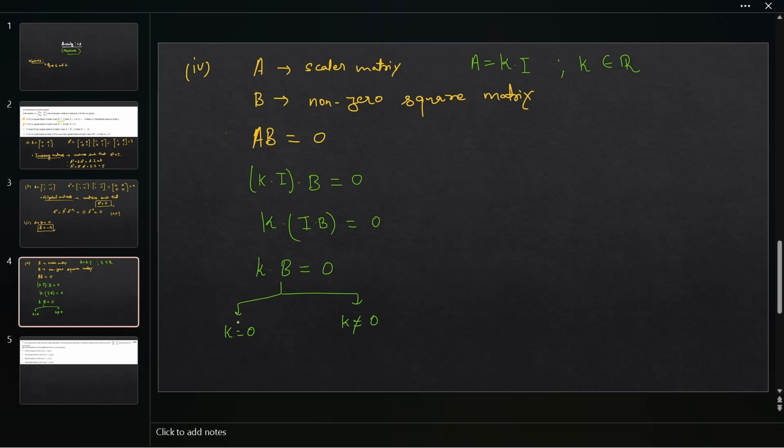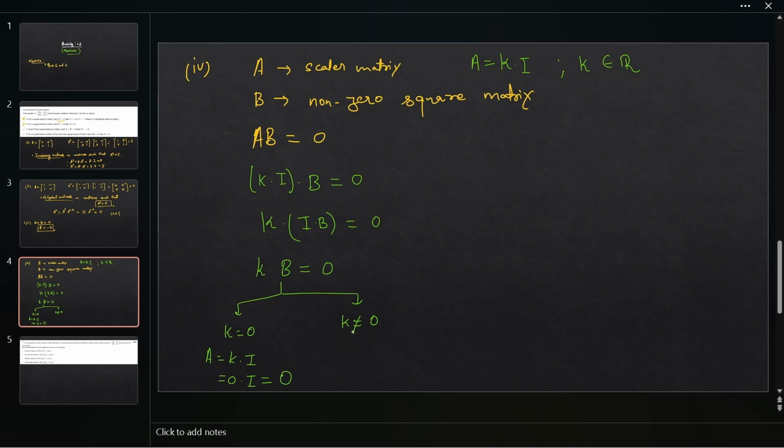Given that k is equal to 0, A was just k times I. That would mean it is just 0 times I, hence it is 0. This 0 is a scalar quantity here, and this 0 here is a matrix.